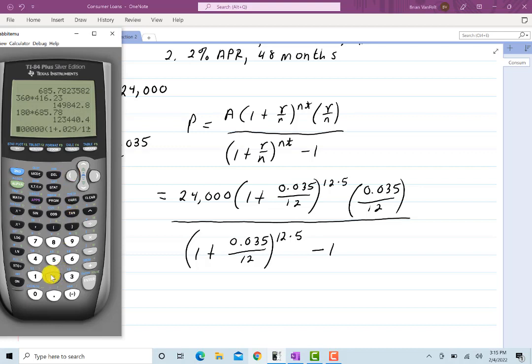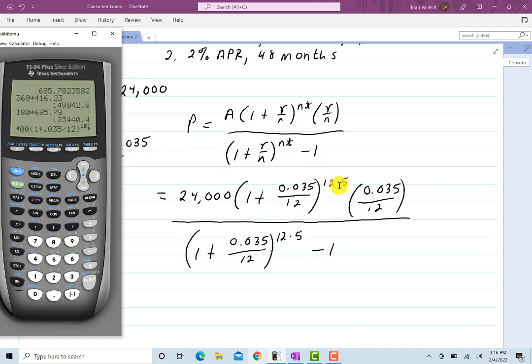So let me change mine to 24. Right now I have 240,000, so let me take out a 0. And then let me adjust my numbers. So 0.029, this time I'll change the 29 to a 35. Let's see what else. Oh, there's an exponent there.